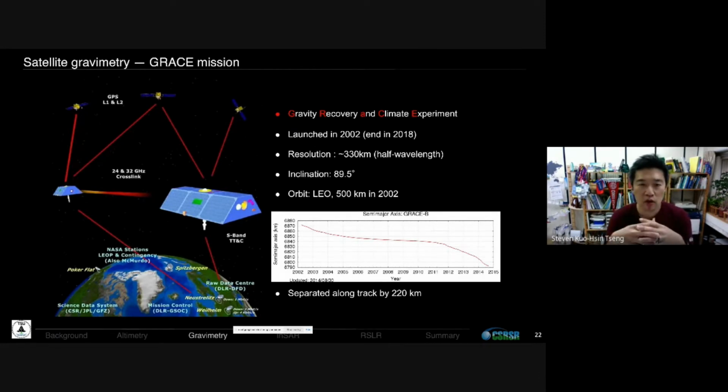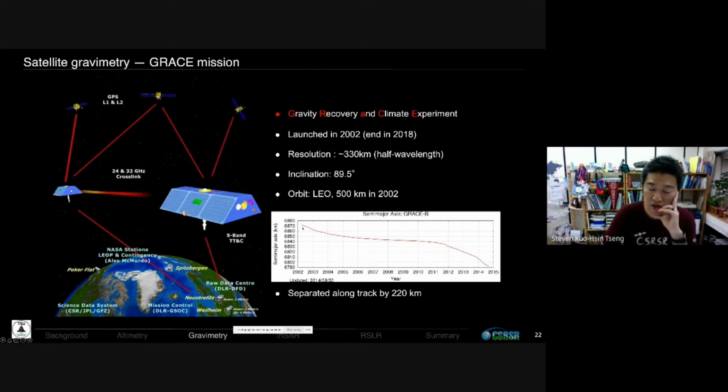Once the attraction force is different for the first and the second spacecraft, the orbit will have a relative change. And when it repeats, we can compare the orbit with the last pass, and so on. So we can have a very good gravity recovery from this mission.